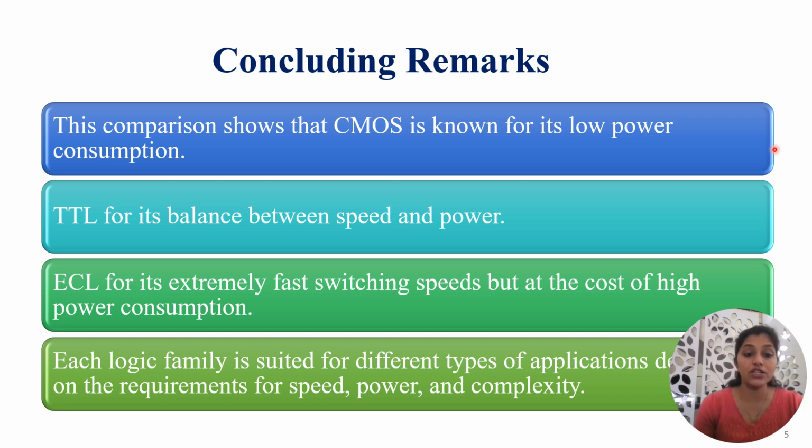Then TTL for its balance between speed and power, and ECL is popular for its extremely fast switching speeds but at the cost of high power consumption. So each logic family is suited for different types of applications depending on requirements for speed, power and complexity.